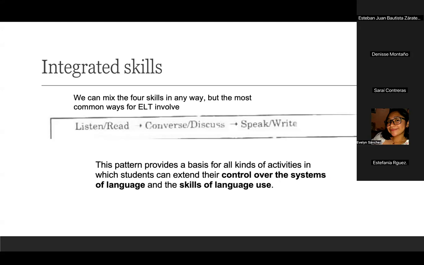And then, because they need to give that discussion, that's the moment in which, before they give that discussion, you assess or provide guidance.